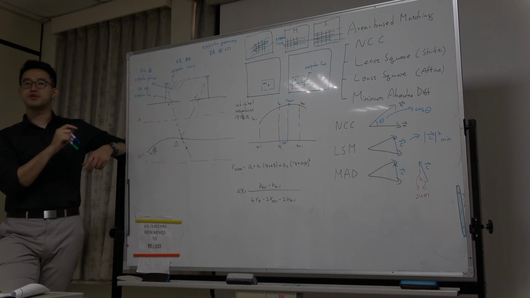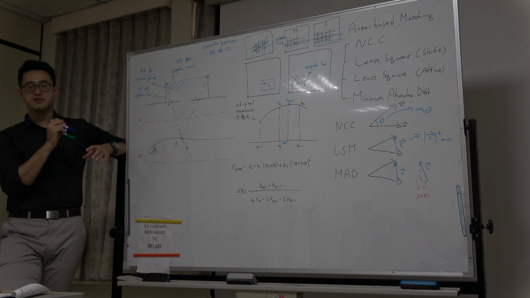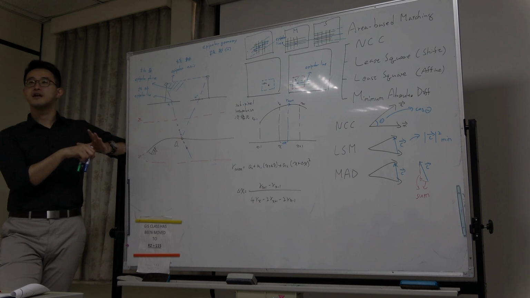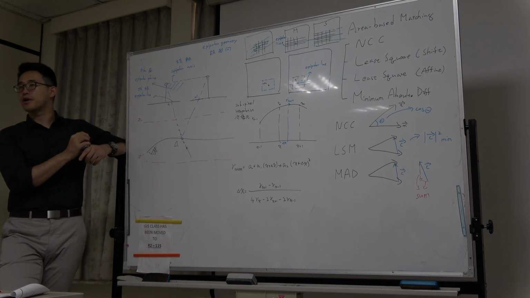If you import the stereo pair, some software will automatically construct the epipolar geometry, because they anticipate that later on you are going to do some image matching work. So that's the case.